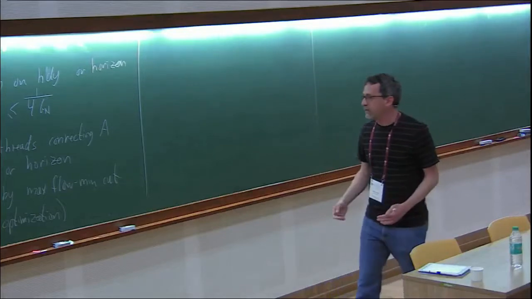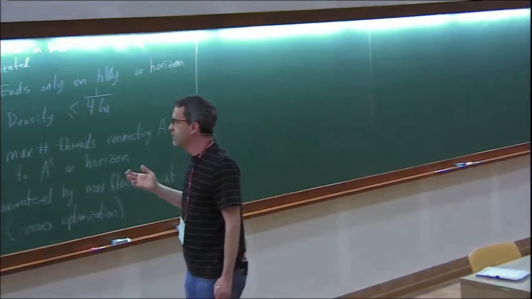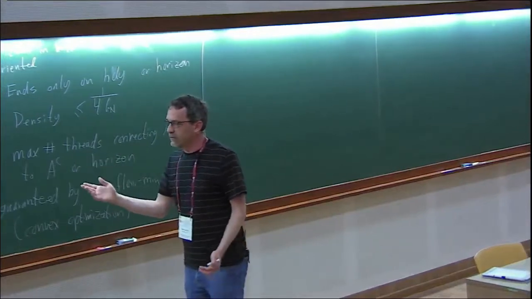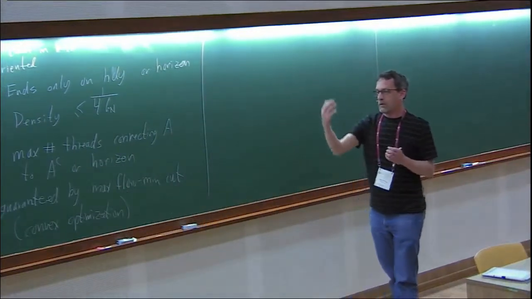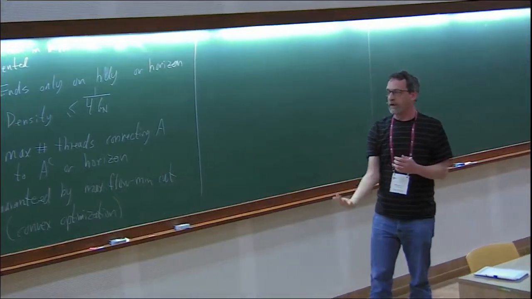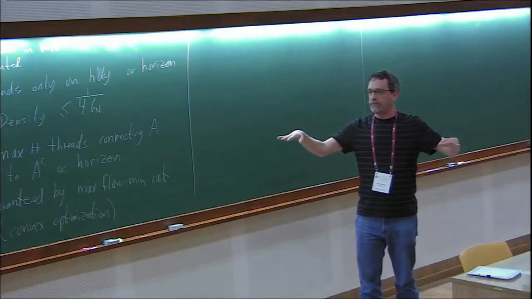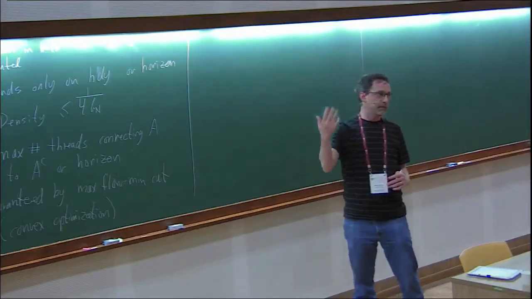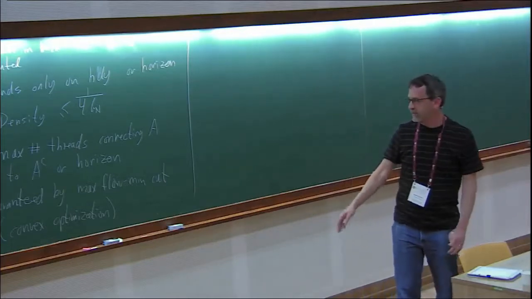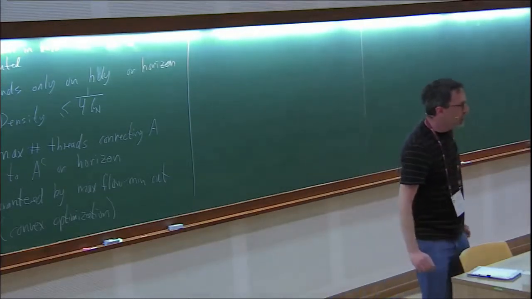One thing I did with Veronica a few months ago is generalize this to a Lorentzian spacetime where you have a time-like vector field, and you can look at the maximum volume spatial slices versus the minimum flux of a flow. So you can play games like that using the same technology.